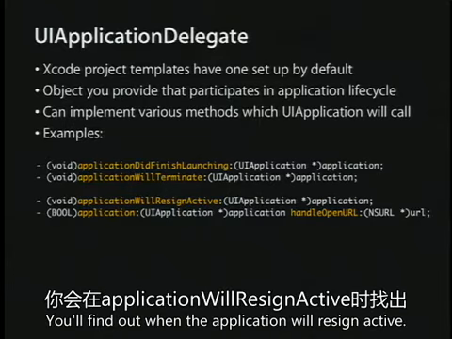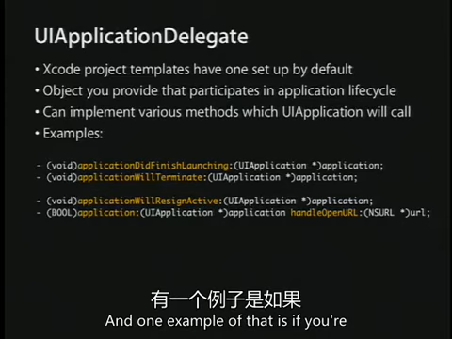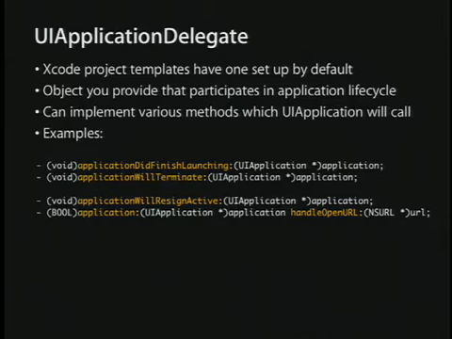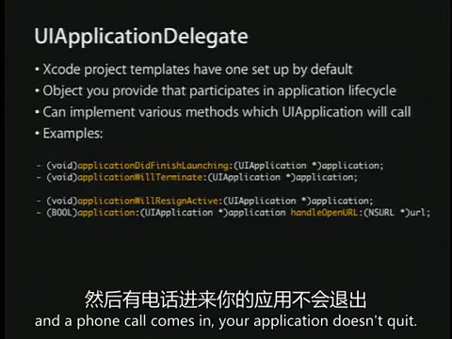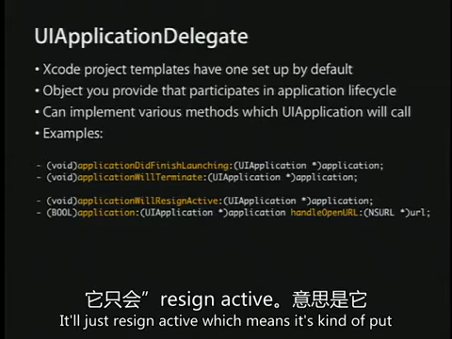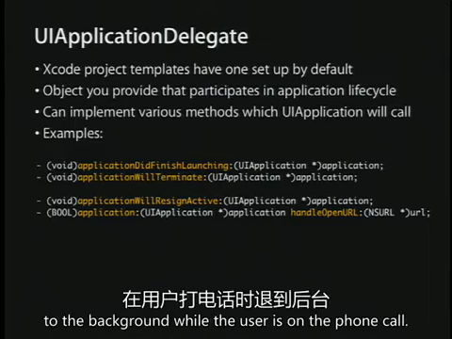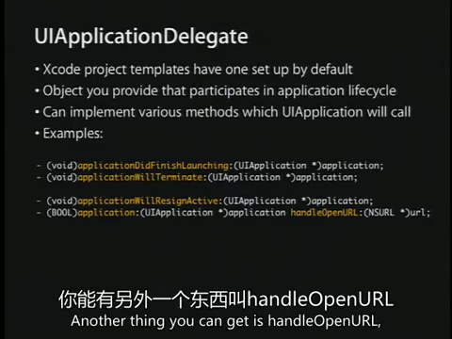You'll find out when the application will resign active. One example of that is if someone's using your application and a phone call comes in, your application doesn't quit. It'll just resign active, which means it's kind of put to the background while the user is on the phone call. Another thing you can get is handle open URL.